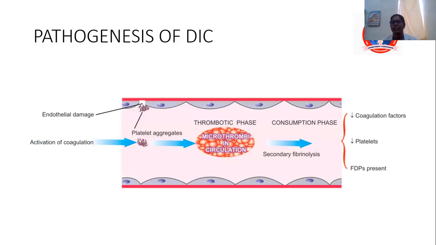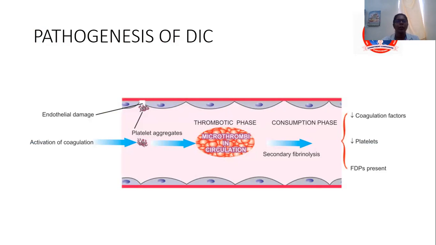So this picture clearly tells about the pathogenesis of DIC. In the first arrow, you can see the activation of coagulation, which can be through the intrinsic pathway or the extrinsic pathway.